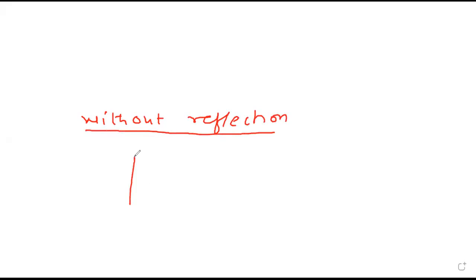If you consider the case without reflection, then forget about the mirror. From the surface, the fish is at a distance of 24. D dash we have to calculate.